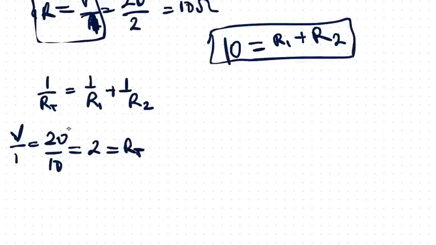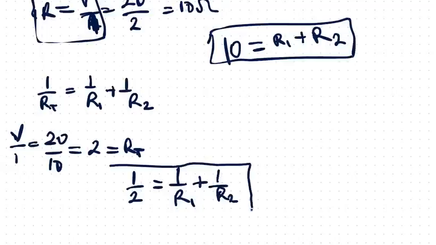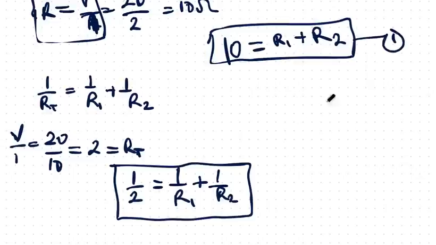So if we decide to substitute these two in this equation, we'll be having 1 over 2 is equal to 1 over R1 plus 1 over R2. This is the relationship between the two resistors in parallel. So I have this to be equation 1 and I have this to be equation 2.